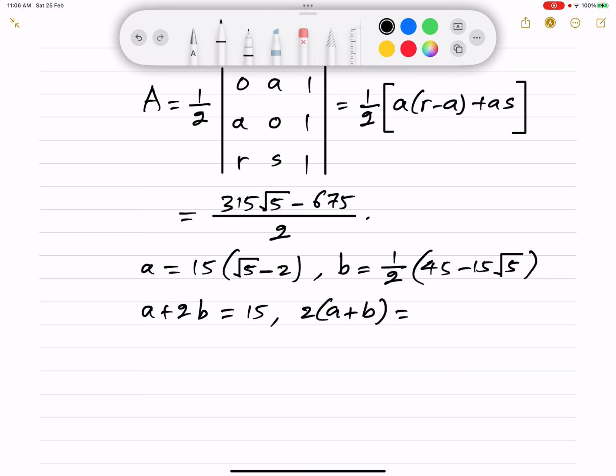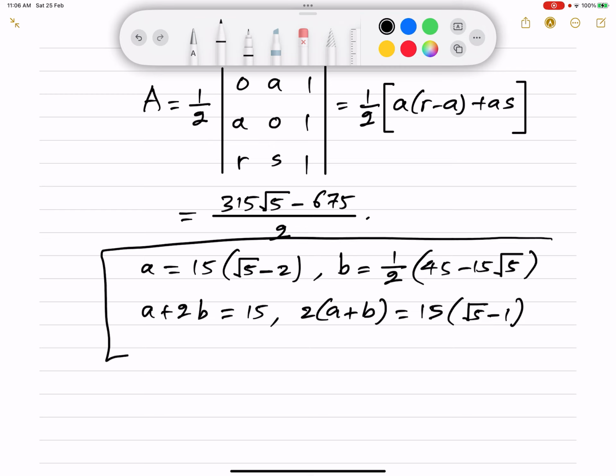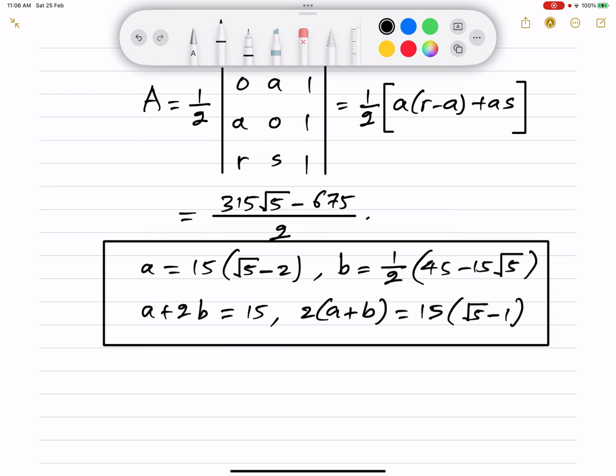If we substitute the values of a and b in that, we're going to get 15 multiplied by the square root of 5 minus 1, and that is basically the solution to this problem here. Let me highlight that in yellow. So that's basically it. That's the solution to our problem here.